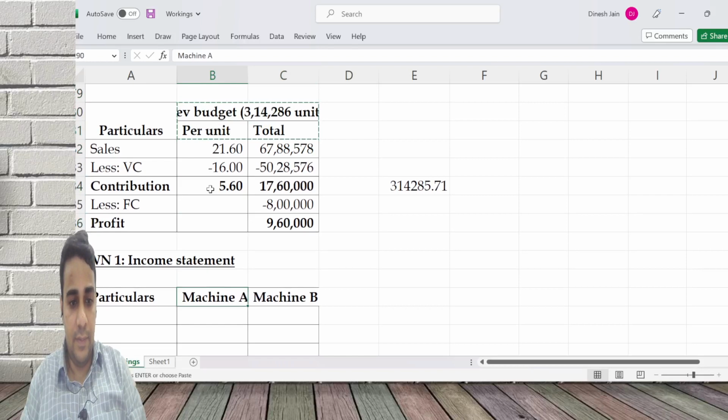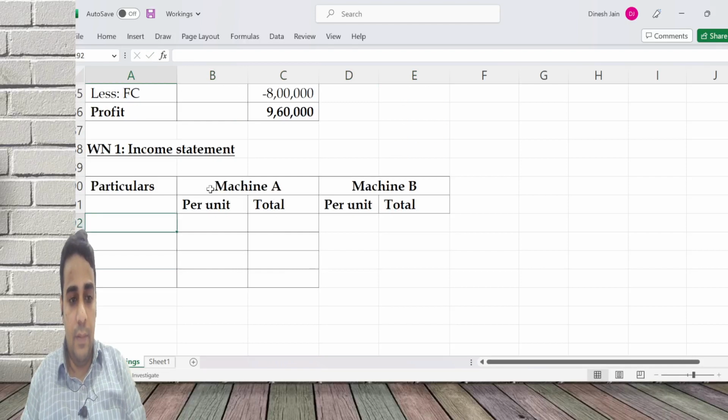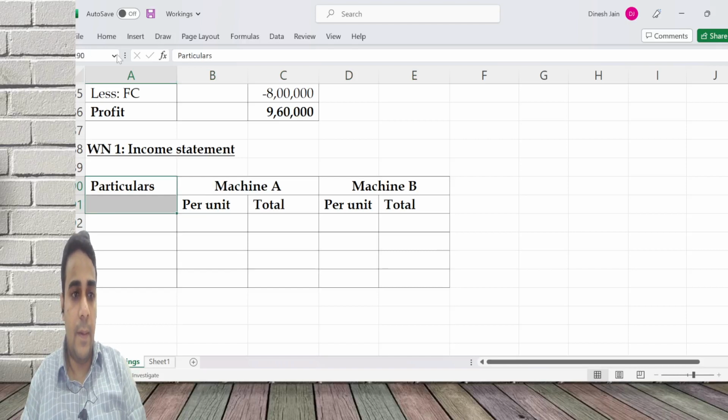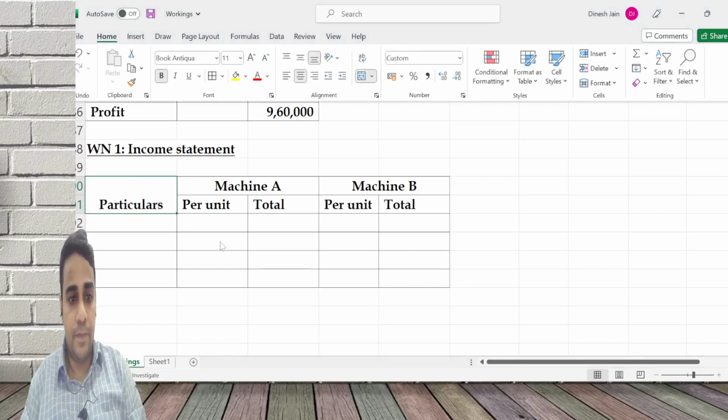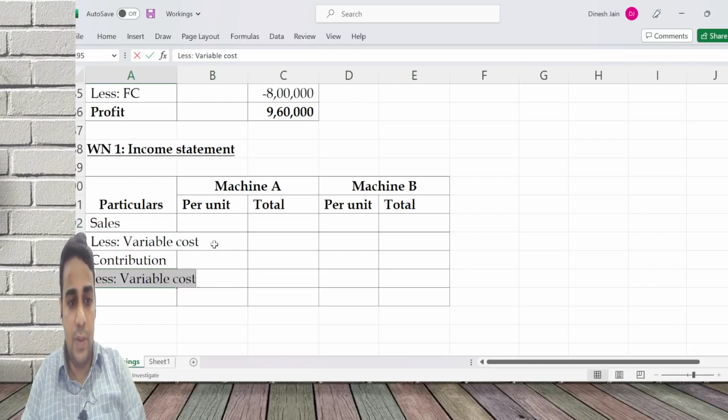I missed that. Machine A per unit and total, Machine B per unit and total. Sales less variable cost, contribution less fixed cost.